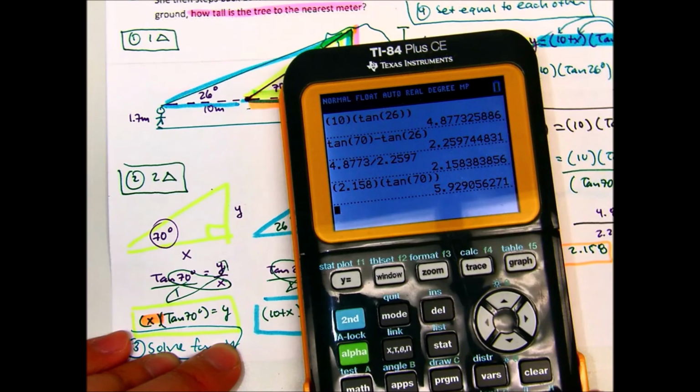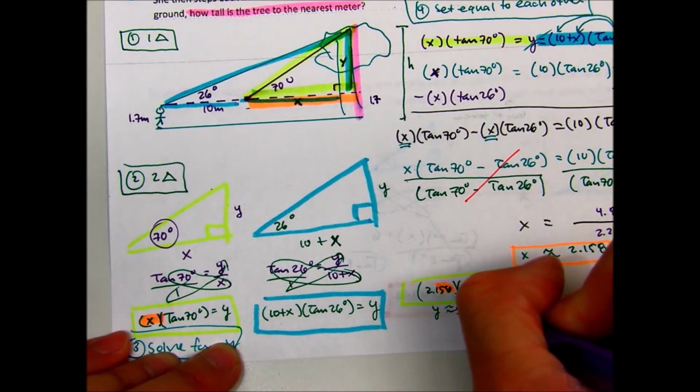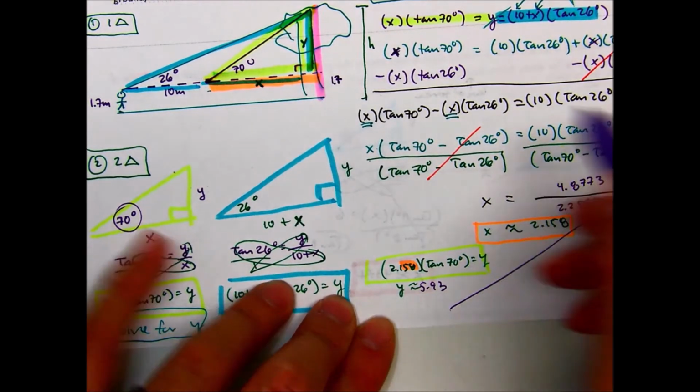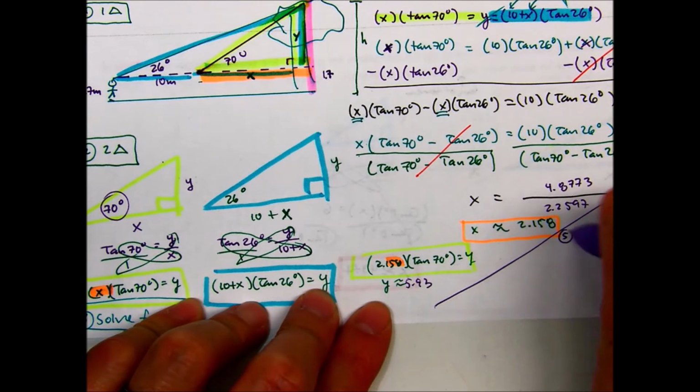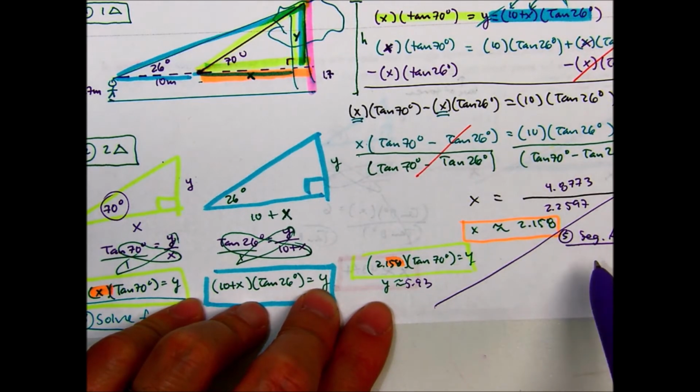Okay, now that I have y, ran out of space here, but you can do something like a segment addition. In segment addition postulate, here I have y plus 1.7 equals h.